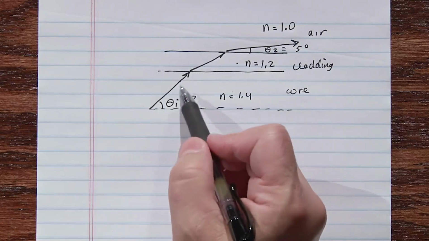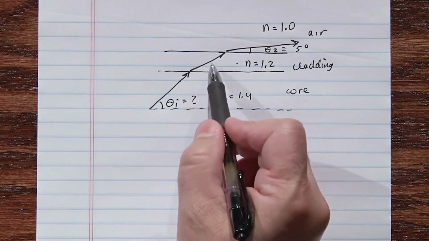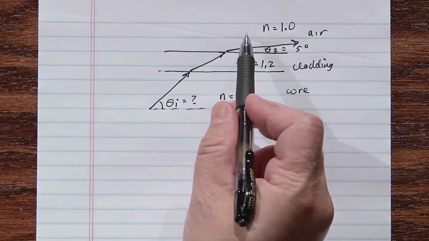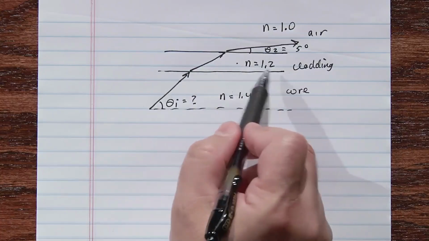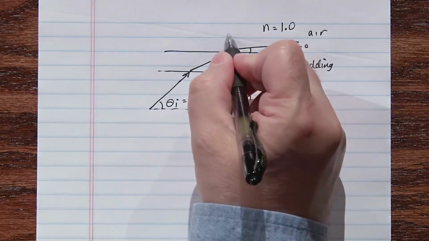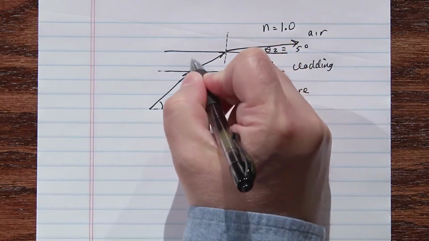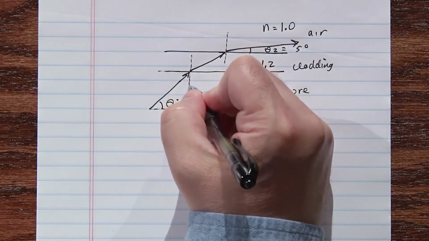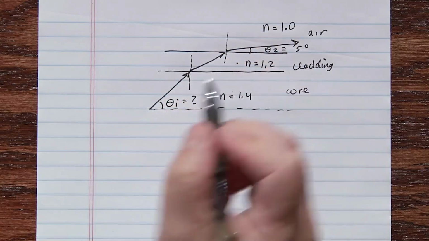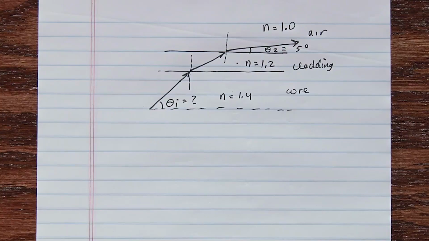We have the light going from one region to a second region to a third region. So we have one surface here and one surface here. We have the light ray refracted at both surfaces, so we're going to have to use our refraction equation twice.